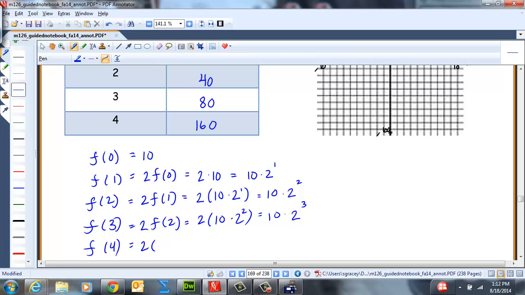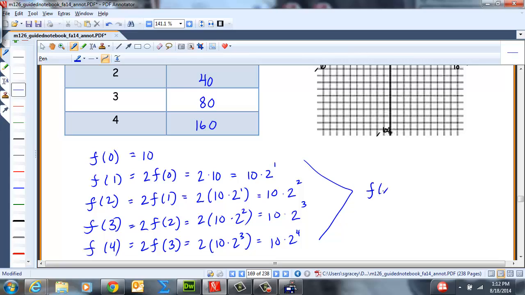What's happening is that you have this constant ratio of 2 between each of the terms. Let me finish this guy off. That's going to give us 10 times 2 to the 4th. So what we'll end up having is this. Do you see how, if you wanted to make an equation for this, they all have a multiplier of 10.